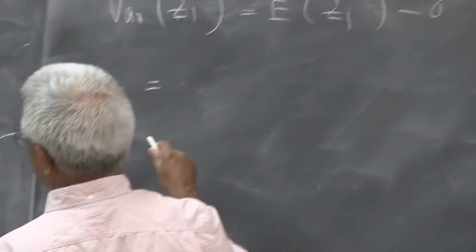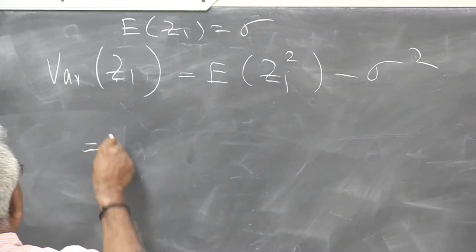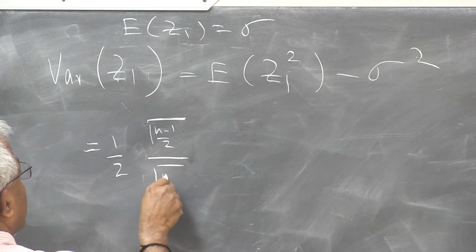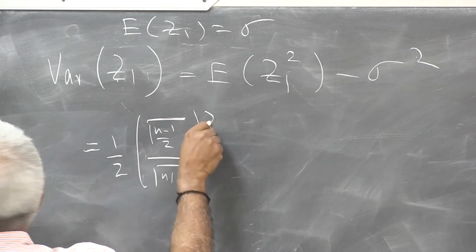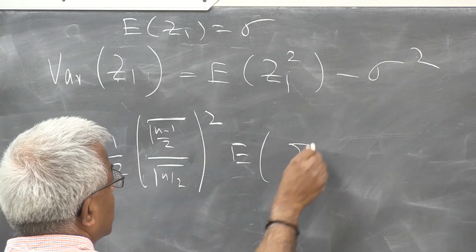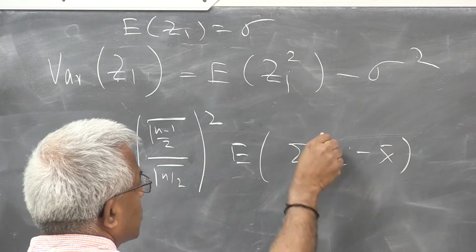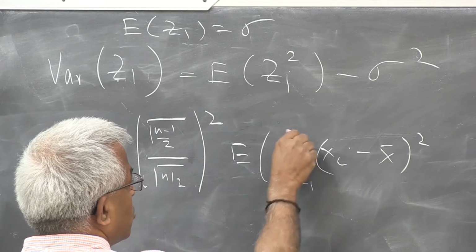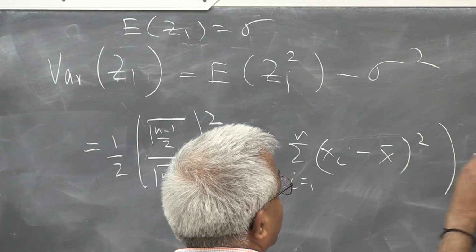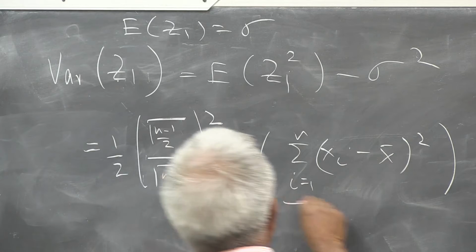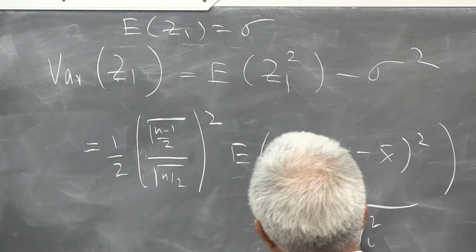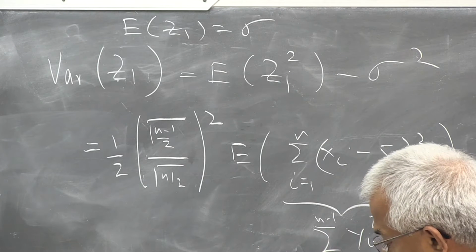So when I square it, you get half gamma (n minus 1)/2 over gamma n/2, the whole squared, times expected value of sum of (xi minus x bar) the whole squared, i equal to 1 through n, minus sigma squared. But notice that this quantity is the same as sum of yi squared, i equal to 1 through n minus 1.